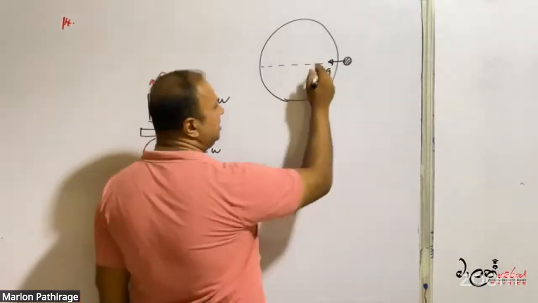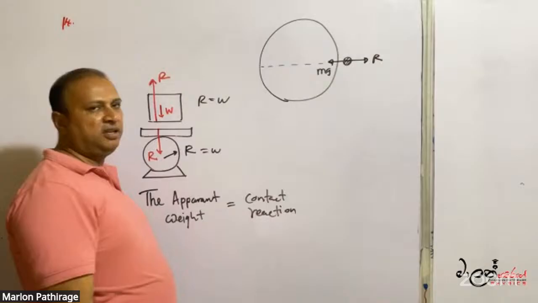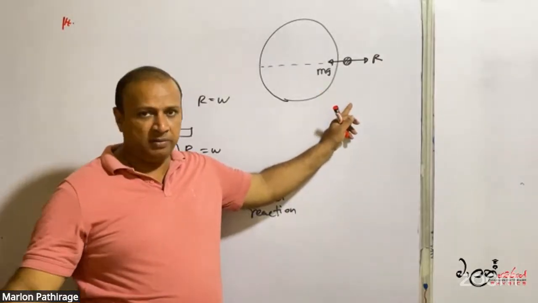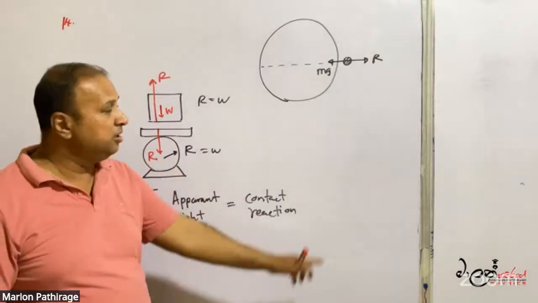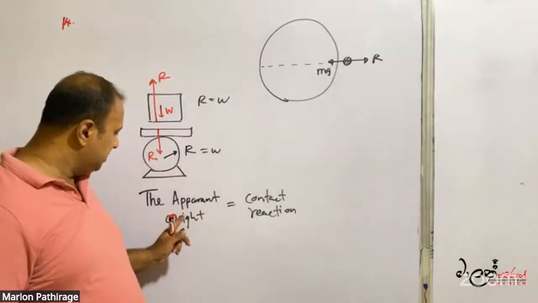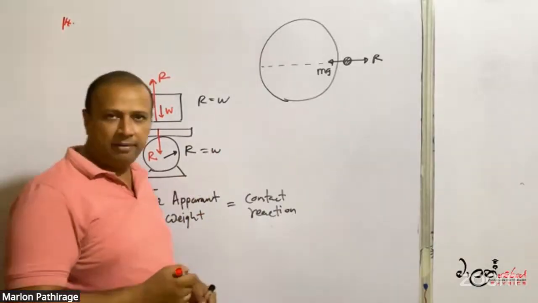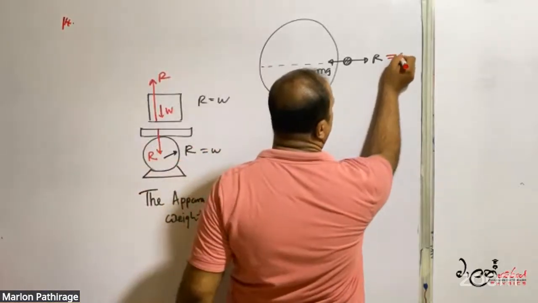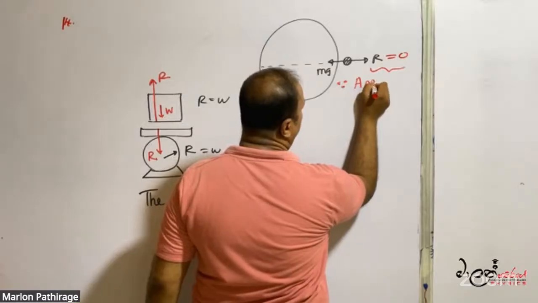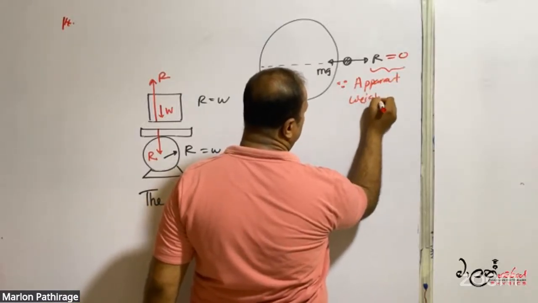Now there is a contact reaction on this side. According to this question, the apparent weight should be equal to 0. The apparent weight means the contact reaction. Therefore, here the contact reaction should be 0, because apparent weight is 0.